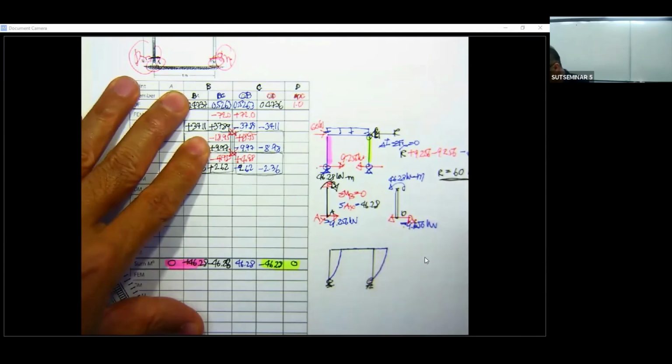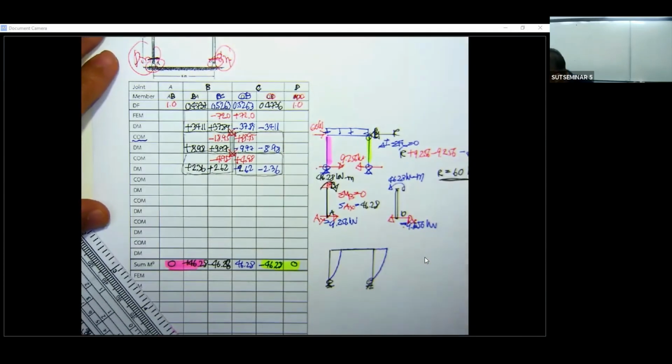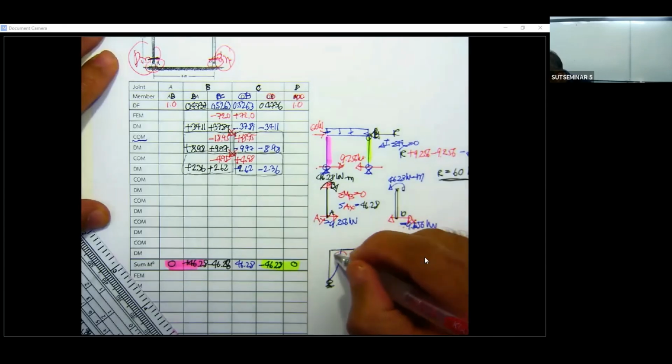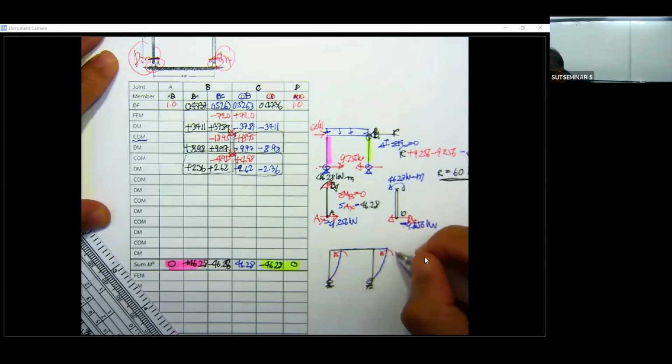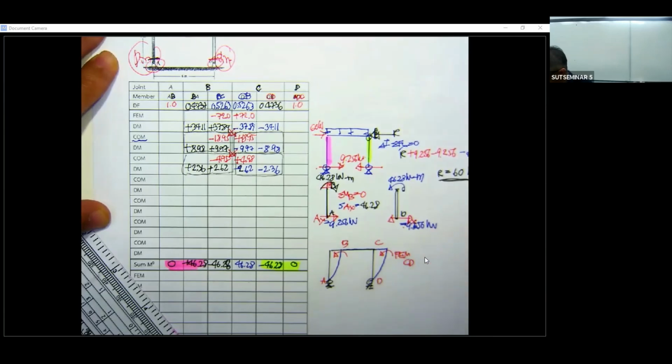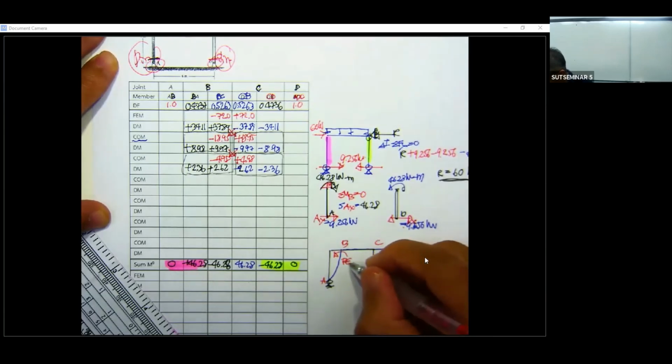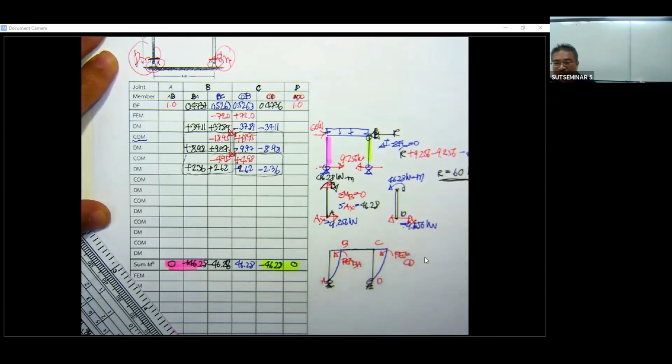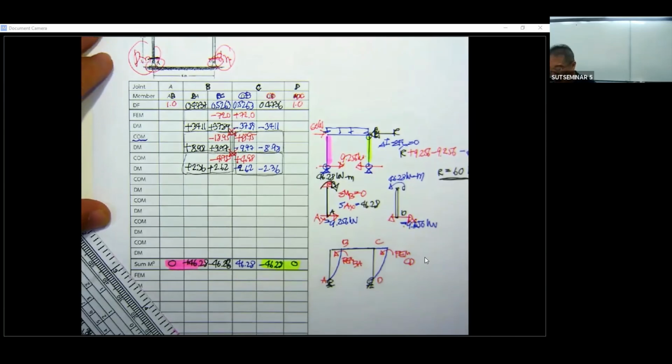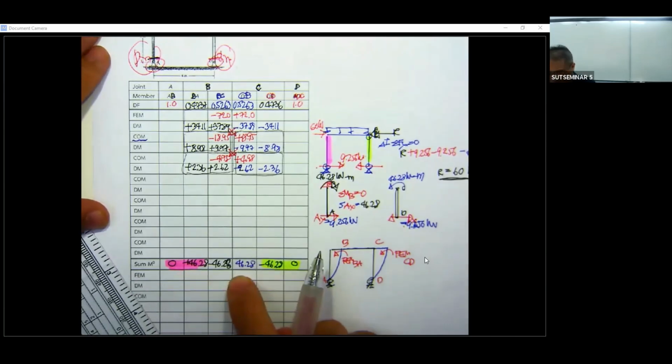So for this one, you got to assume this fixed end moment. This is going to be fixed end moment, this A, B, C, D. This end moment CD, and this is going to be fixed end moment BA. Okay. You may assume it, and then you put it into this position.